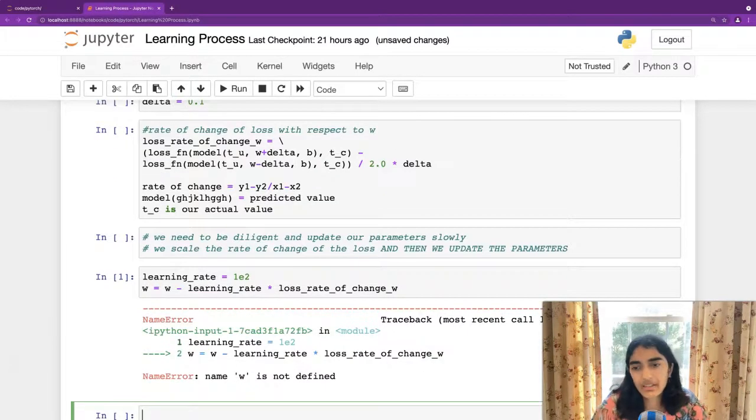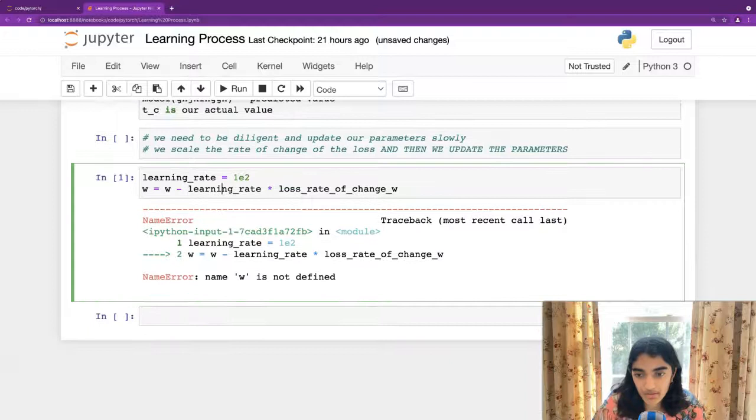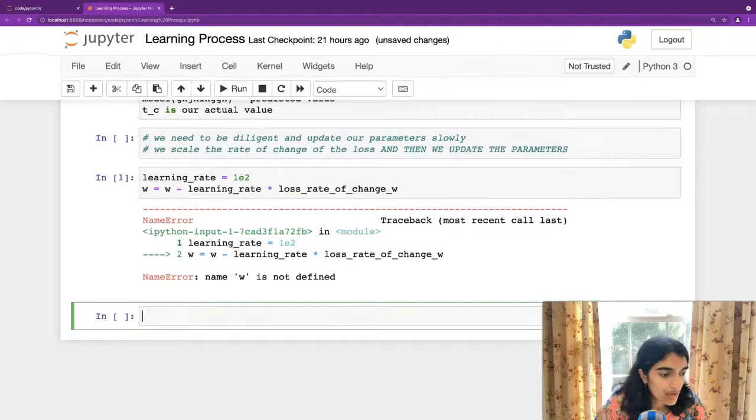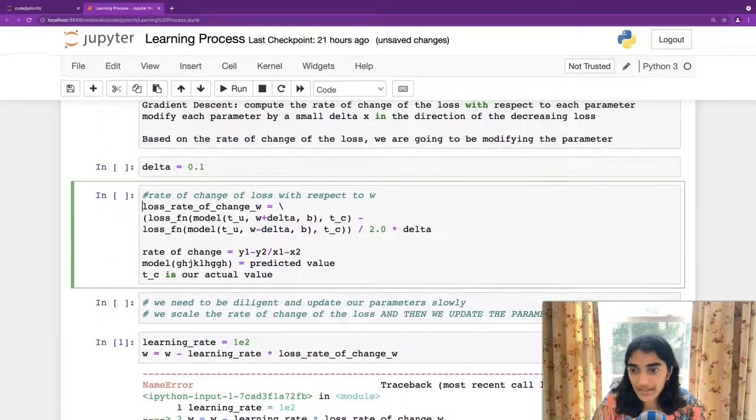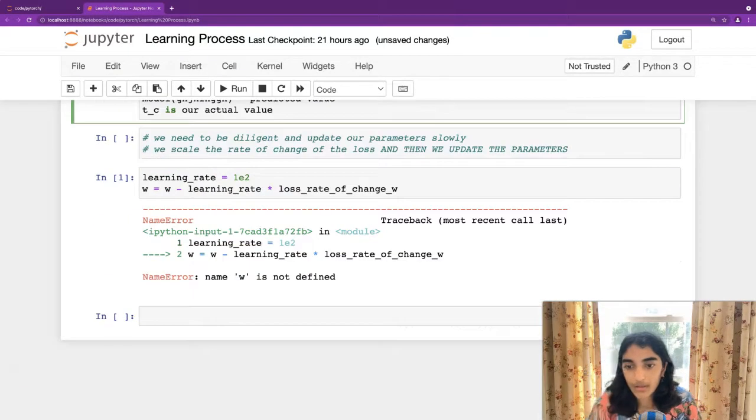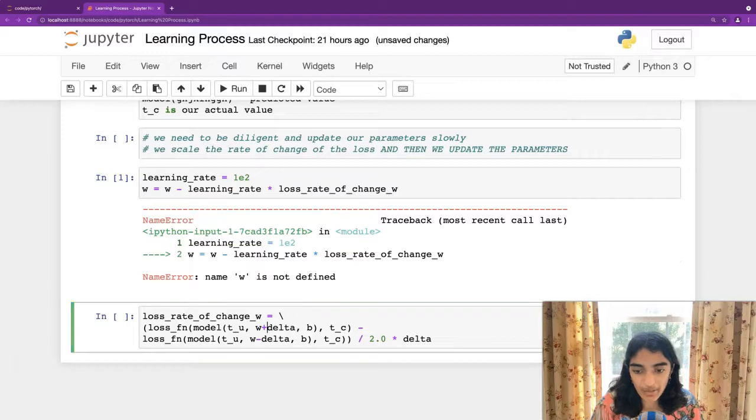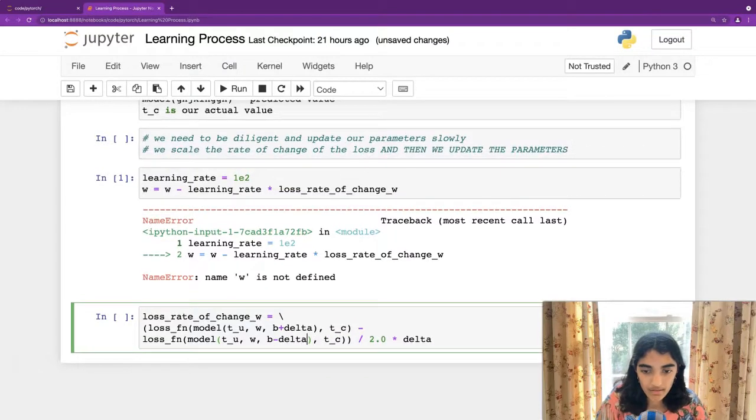Okay, so we run it. We didn't run the previous stuff yet, so W isn't going to be defined. But we're going to do the same thing for B. For our bias, let's just copy it. So instead of changing our W by delta, we're going to be changing our B by delta. So plus delta, and minus delta.